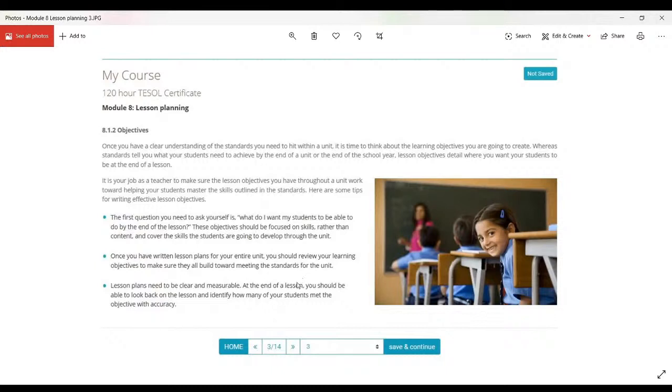At the end of a lesson, you should be able to look back on the lesson and identify how many of your students met the objective with accuracy. So aside from reflection, we also need to do the review. And also, we have to make sure that our lesson plans are clear and measurable. Okay, save and continue.